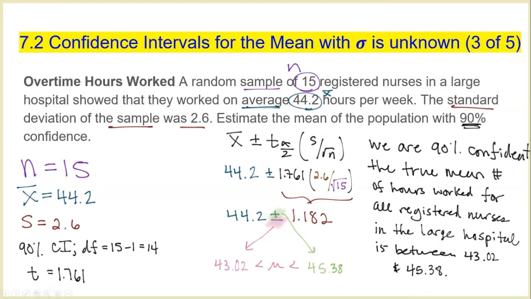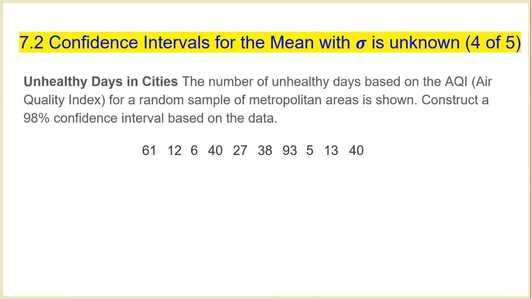So we're capturing about 90% of that data, and that's why we're 90% confident that the true average, if we did have access to all work hours and we added those up and divided by the total, the average for all the nurses would be between these two numbers.